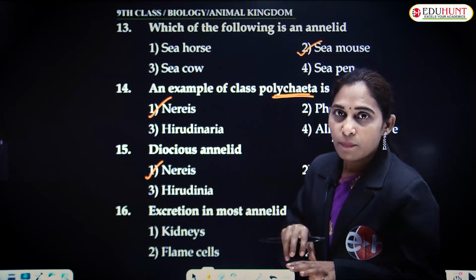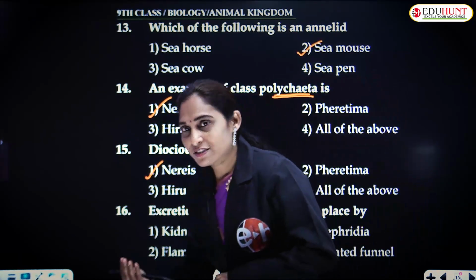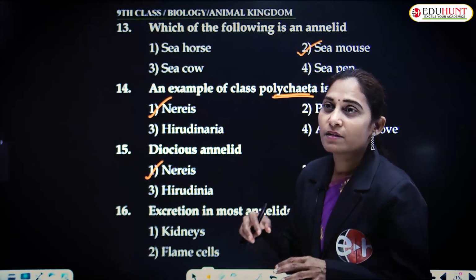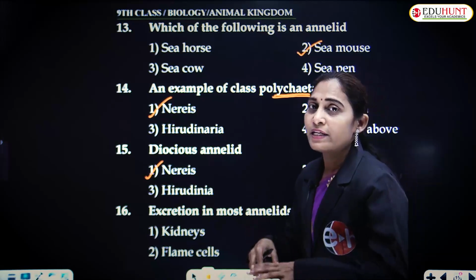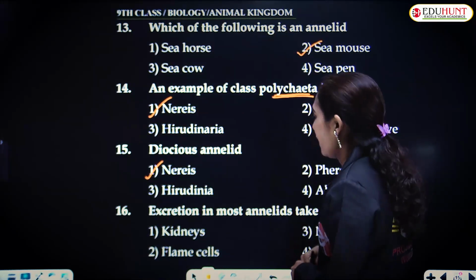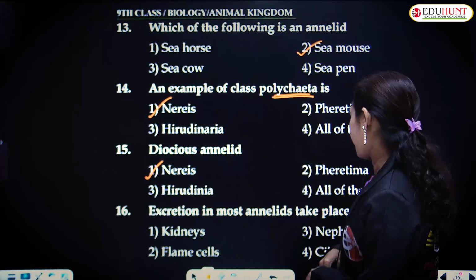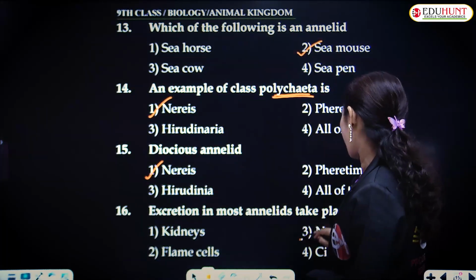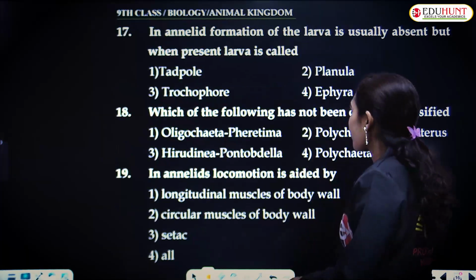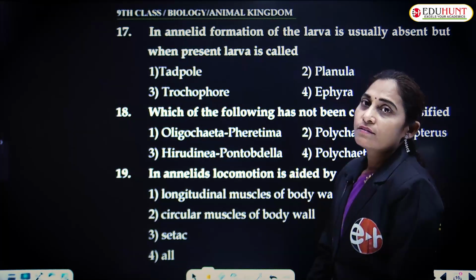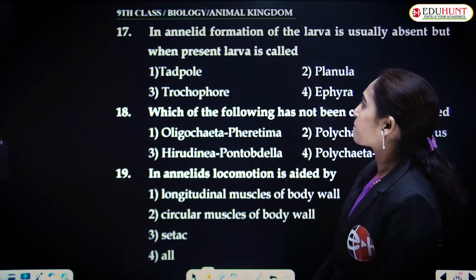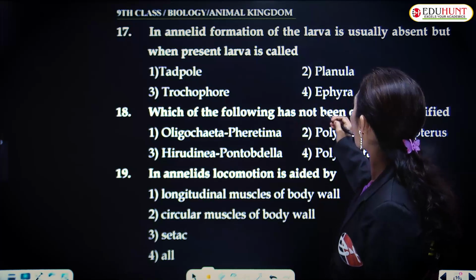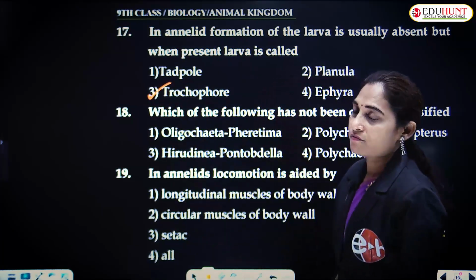Excretion in most annelids takes place by kidneys, flame cells, nephridia, ciliated funnel. Nephridia. In Annelida, formation of a larva is usually absent, but when present, the larva is called tadpole, trochophore, planula, ephyra. Trochophore is the larva if present.